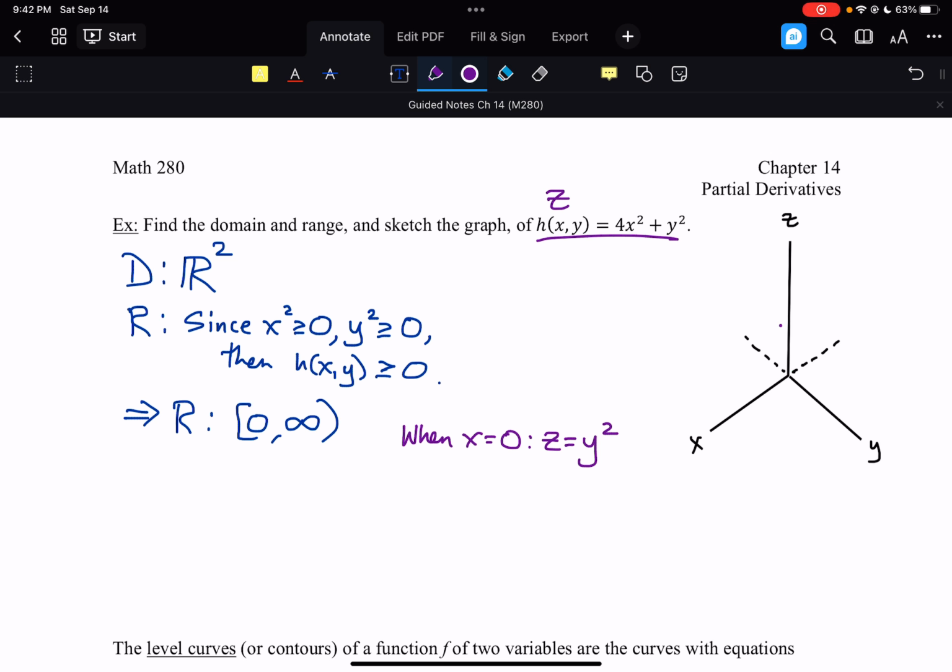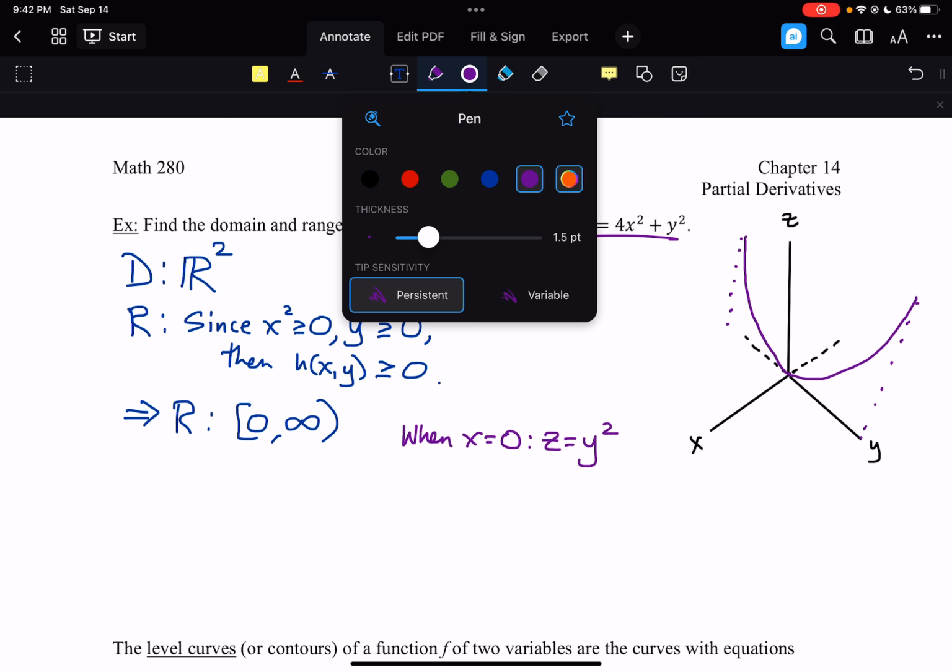So it's going to be here in the yz plane, and we're going to get something that looks like this, something like that. Okay, and if you drop this down just for the sake of the visual here, it's dropping down to the y-axis right there.